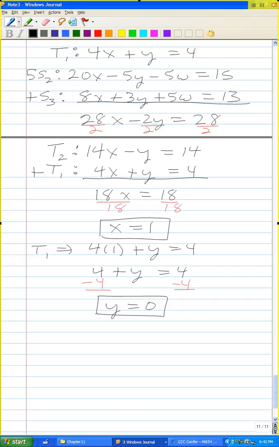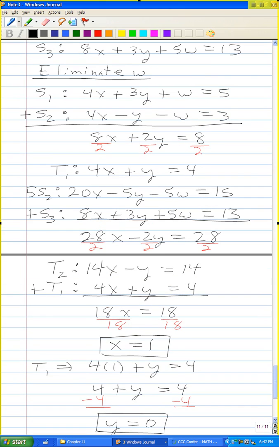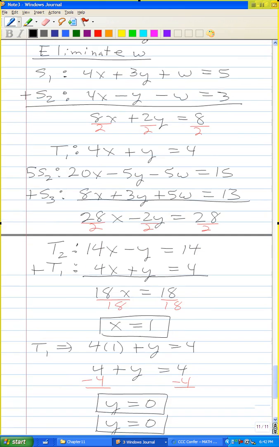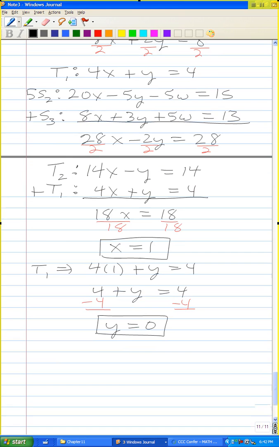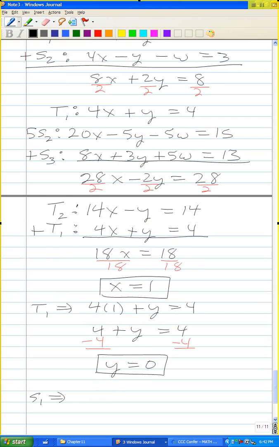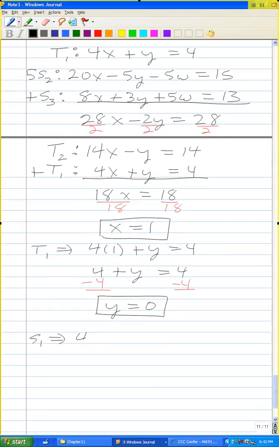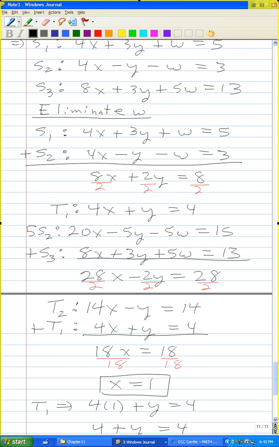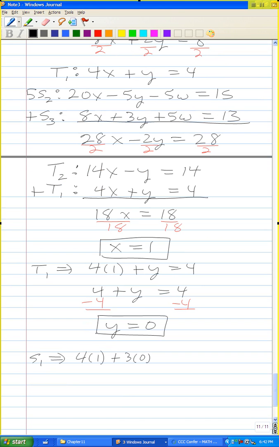And lastly, so I have x, y. Let's figure out the w, I guess. So let's use S1 to figure out w. And so S1, 4x plus 3y plus w equals 5.